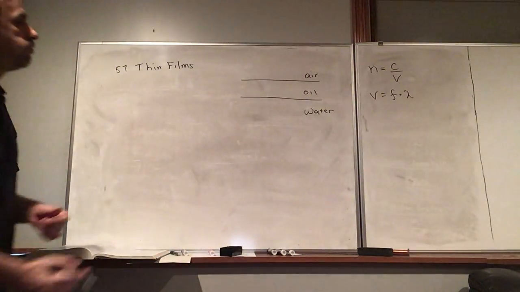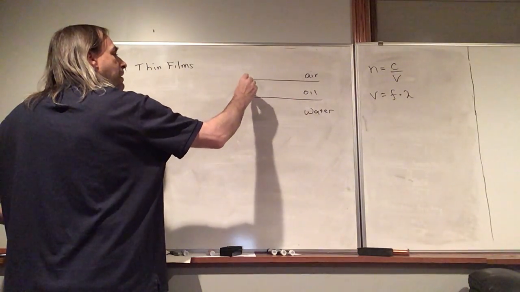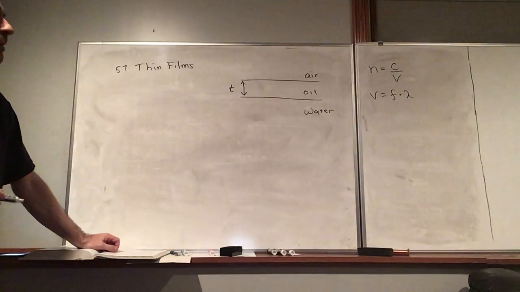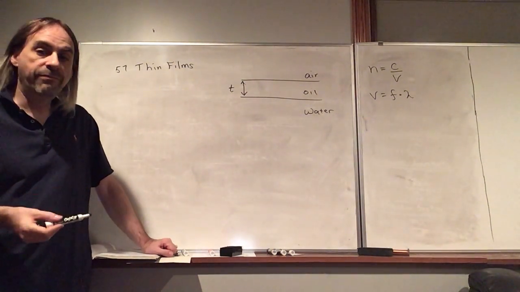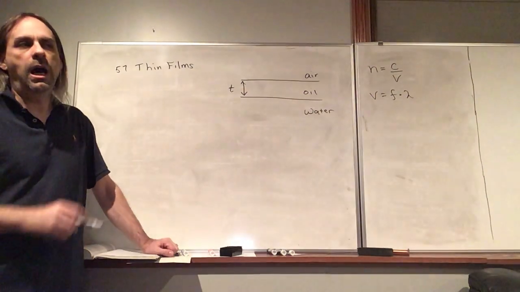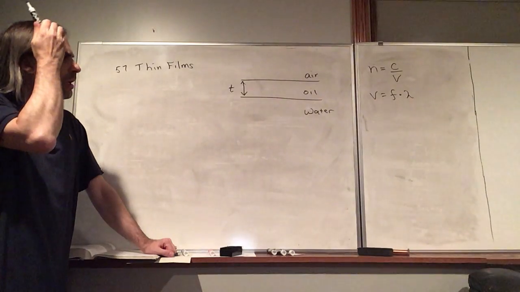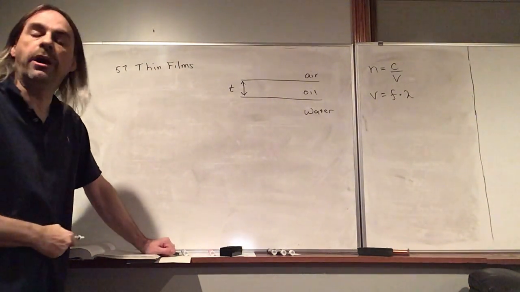But it's called thin films for a reason. We'll say t is the thickness of the film, and this is usually a very, very small thickness. We usually measure it in nanometers, just to give you some idea. So that's why it's called thin film interference.